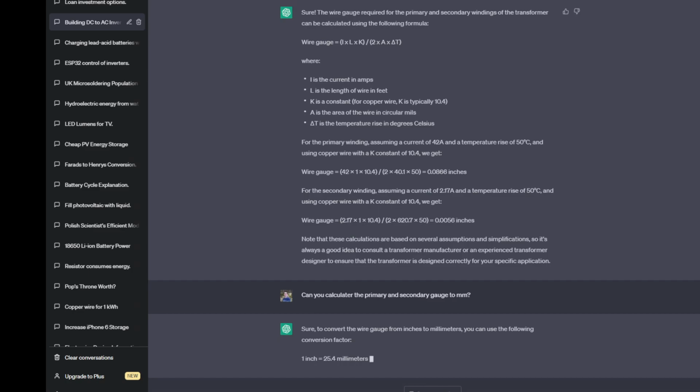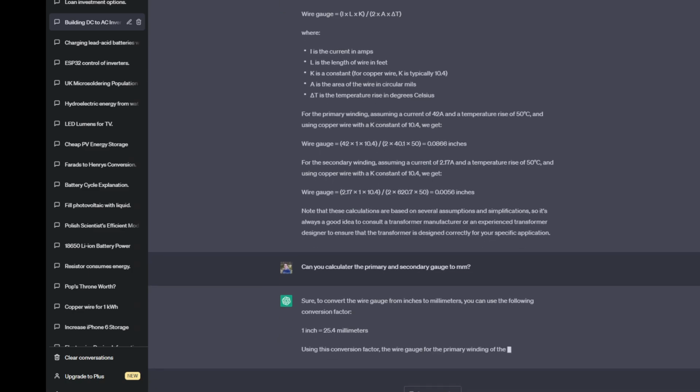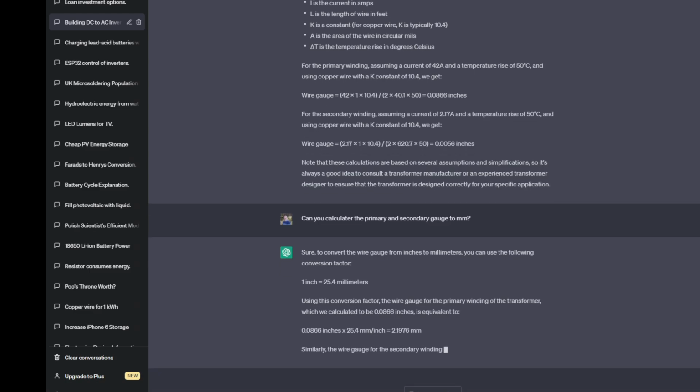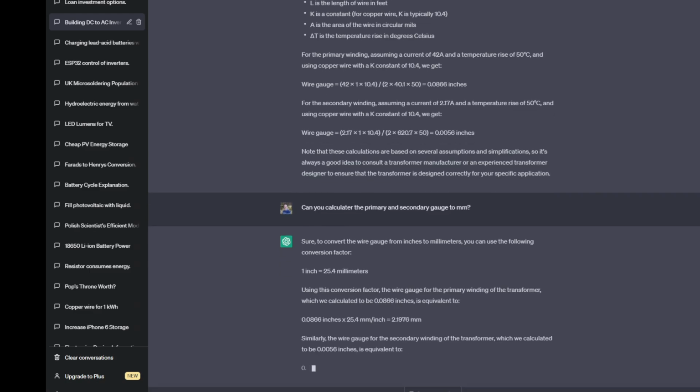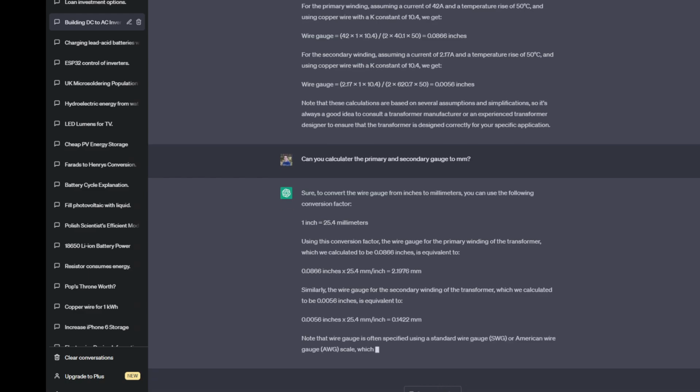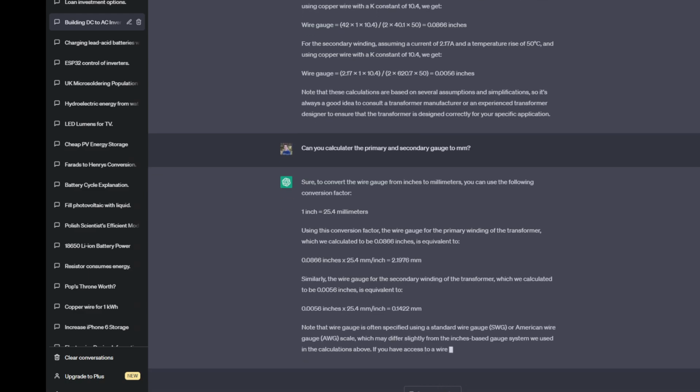Yes, sure. 1/8 using the conversion factor, so it knows what we're talking about. And secondary, yes. So you see, that's what it is. I would say it's a great help, and I would say it's more than possible to build. As I said, I need to verify the data.